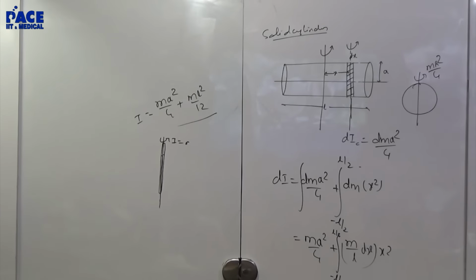But sir, in the previous question, we had taken a triangular plate. What element did you take? Got it, sir. Thank you. Are you getting m a square by 4 plus m L square by 12? Yes, sir. All of you.